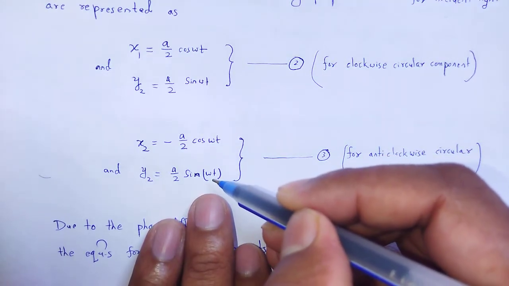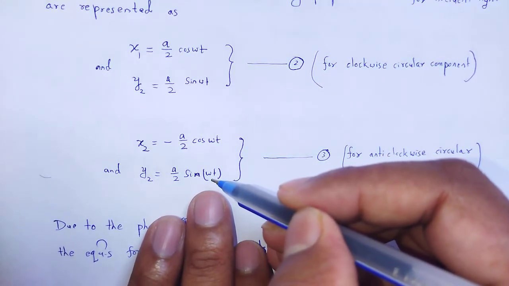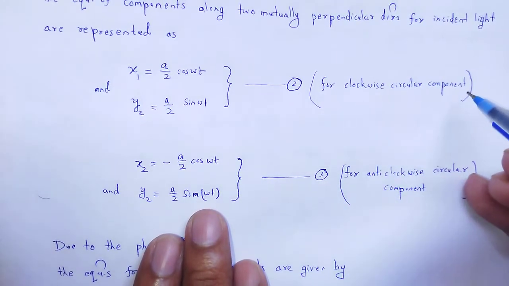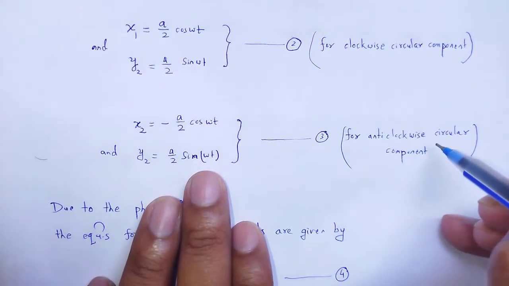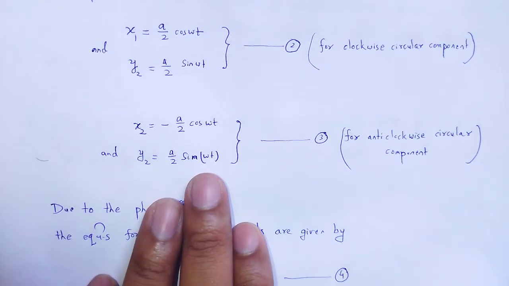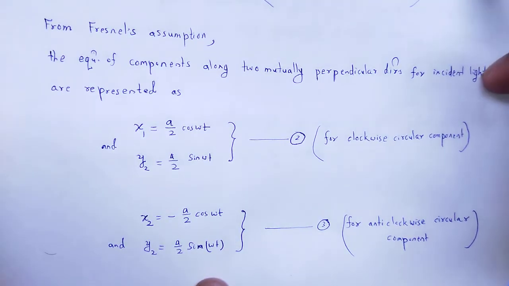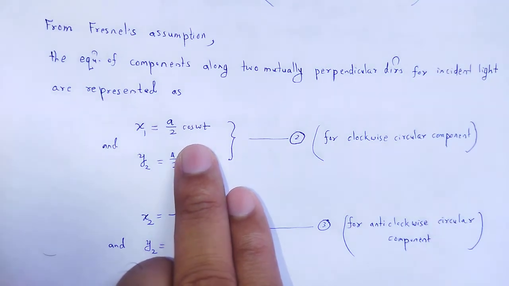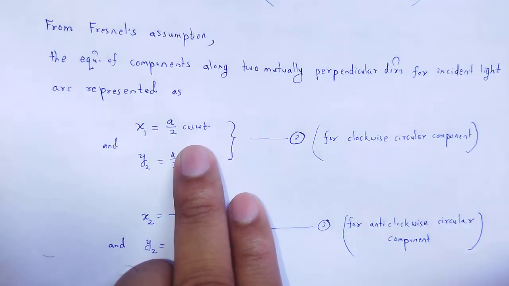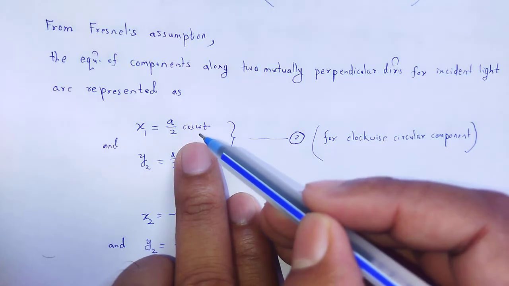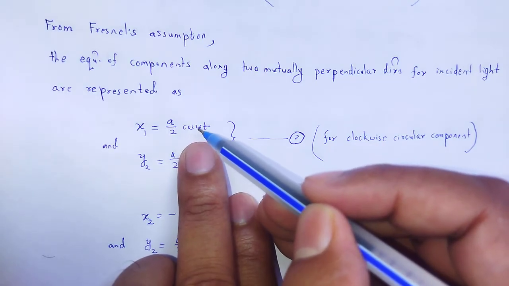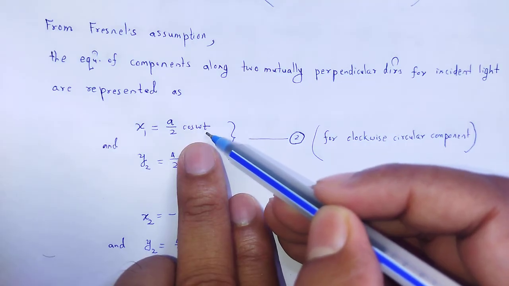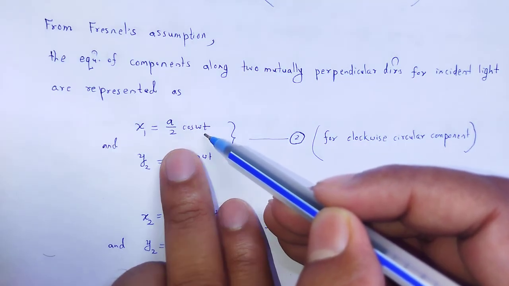This is for the clockwise circular component, this is for the anti-clockwise circular component. For the clockwise circular component, x1 is a by 2 cos omega t, where omega is the angular frequency and T is the time period of the incident vibration.